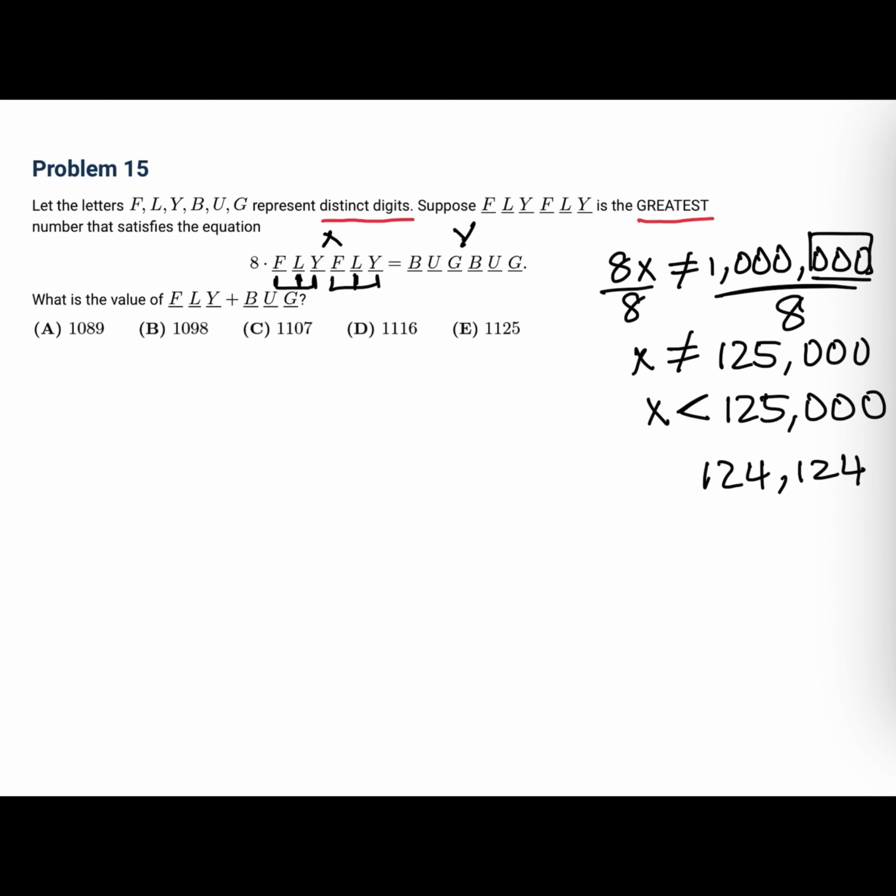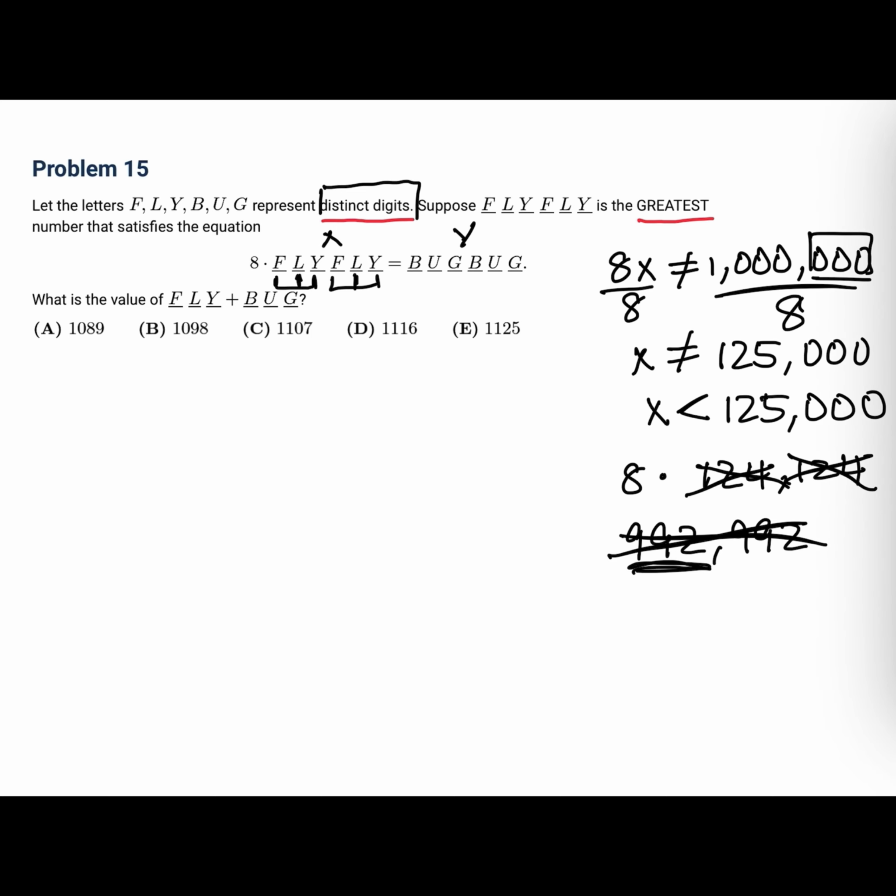Plugging that back into the equation, 8 times 124 yields 992. But wait, if we look back at the equation, they wanted distinct digits. And since there are 2 9s in this solution, it can't be 992, which means 124 does not work.